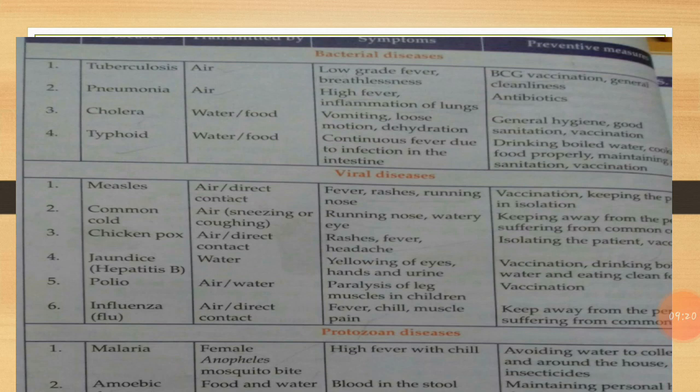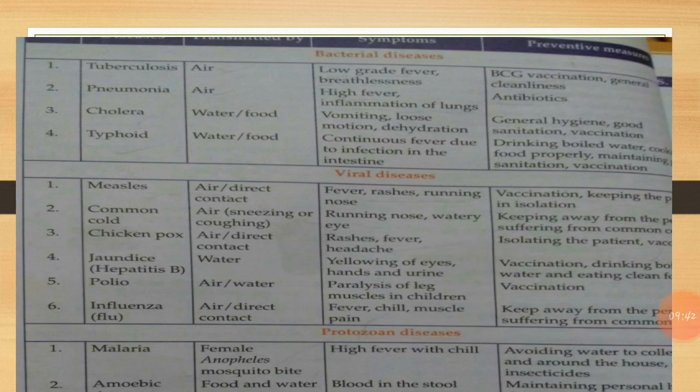It is mainly transmitted through the air, and the symptoms are low grade fever and breathlessness. The preventive measures, that is, how we can protect our body from this disease, are BCG vaccination and general cleanliness.